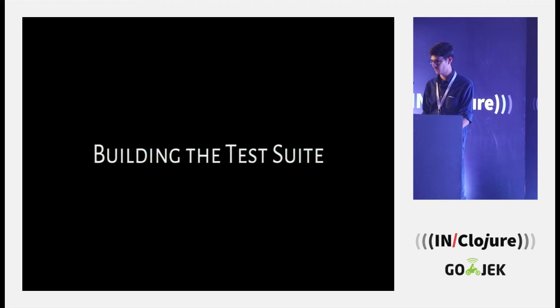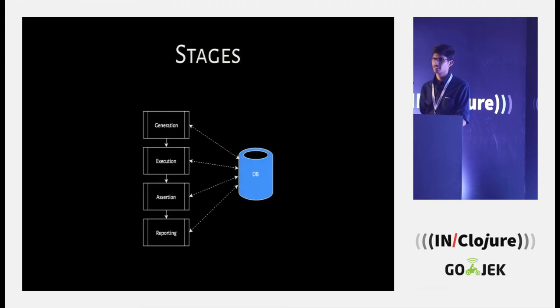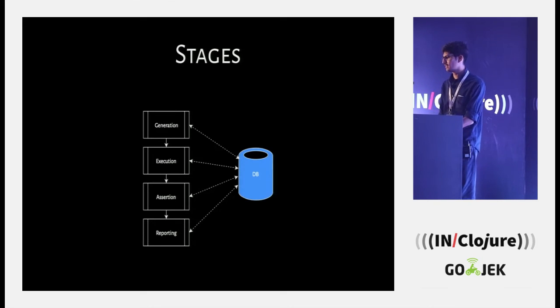Alright, let's move on to building the test suite itself. So these are the stages that went into the test suite. First of all, we generate the necessary input for the tests and put it into the DB. Then we take the generated input, put it under execution, and save the request, response, and the execution states all into the DB.